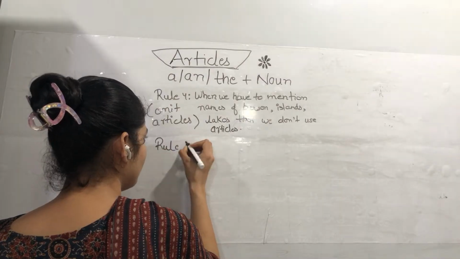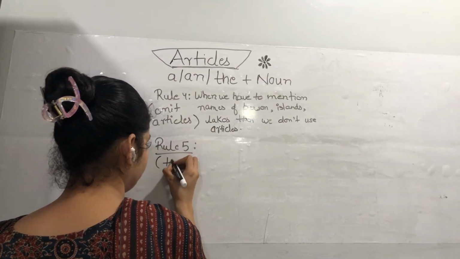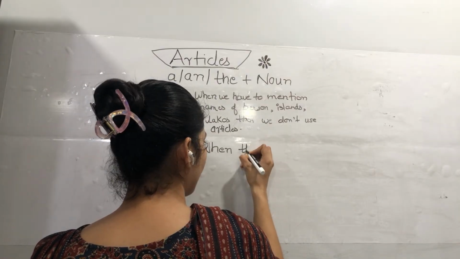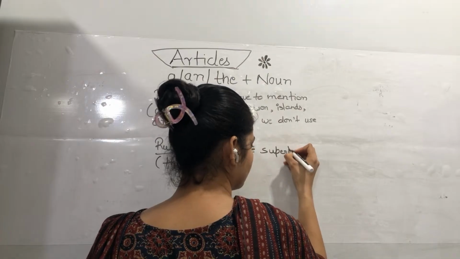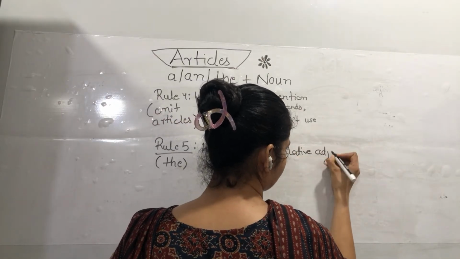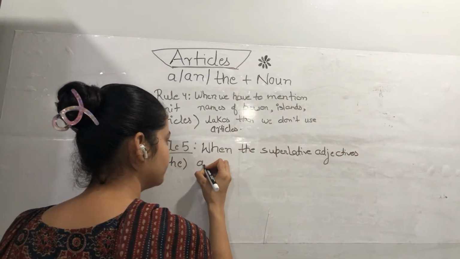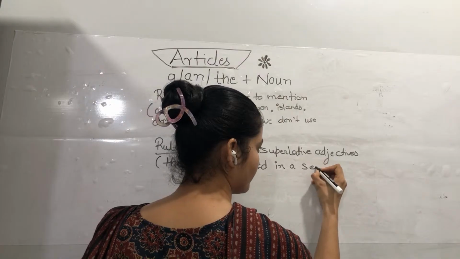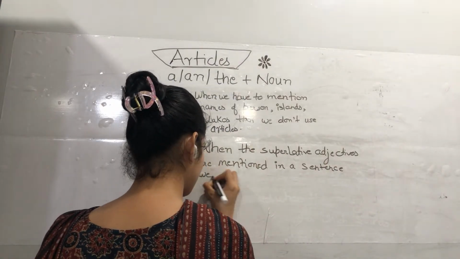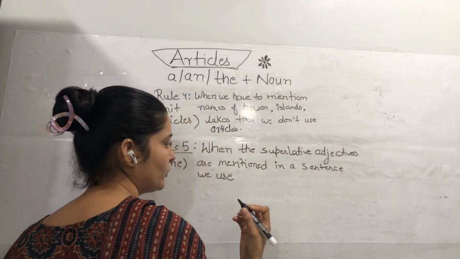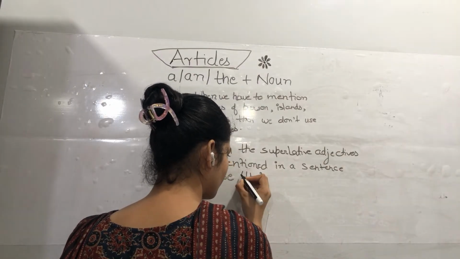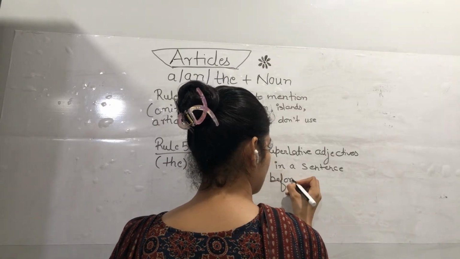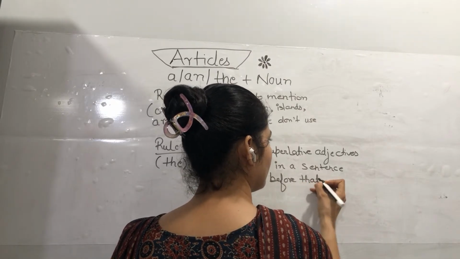Rule number 5, it is for the. Okay. When the superlative adjectives are mentioned in a sentence, we use the before that adjective.